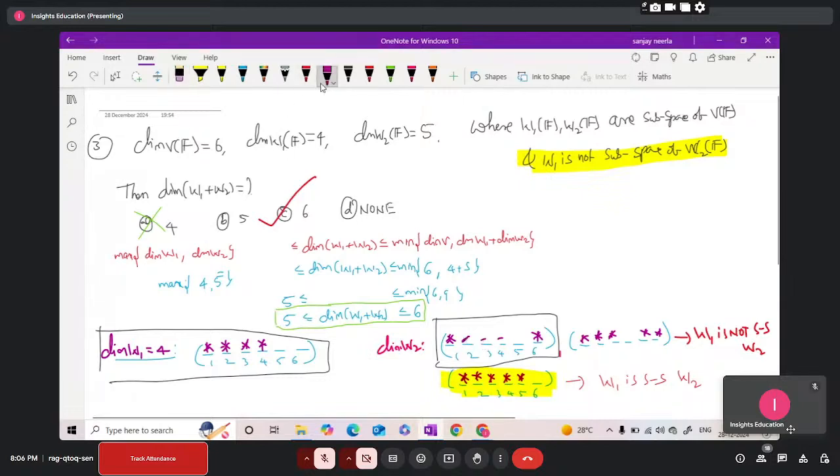ఇప్పుడు చూడండి. ఓకే నౌ, obviously this is a 5-dimensional space, but it is not a subspace. Obviously linear span must be 6.